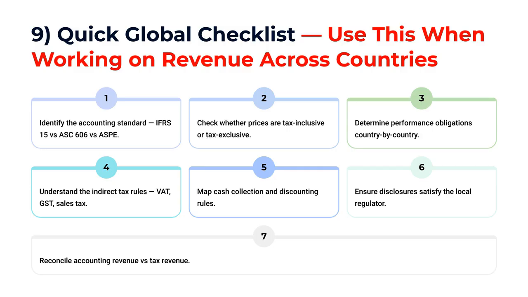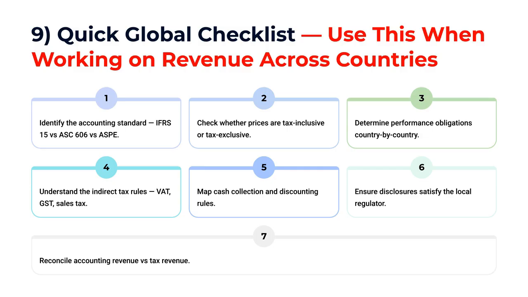Quick global checklist. Use this when working on revenue across countries. 1. Identify the accounting standard. IFRS 15 versus ASC 606 versus ASPE. 2. Check whether prices are tax-inclusive or tax-exclusive. 3.